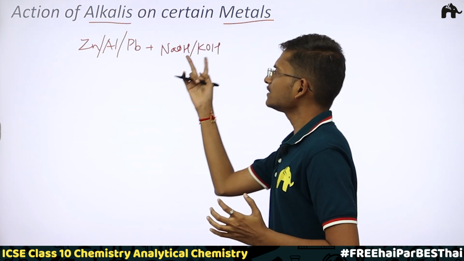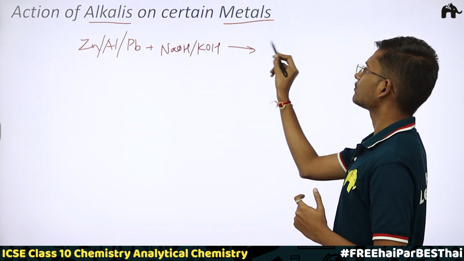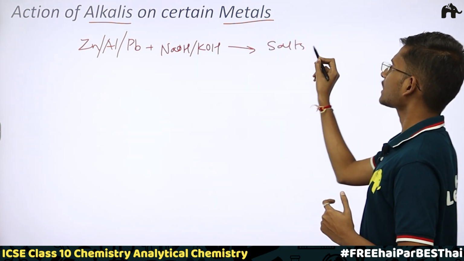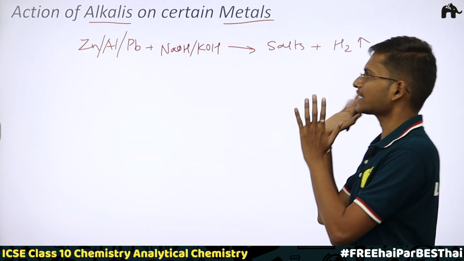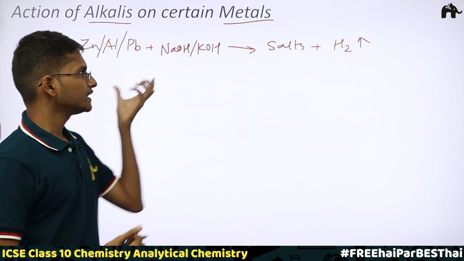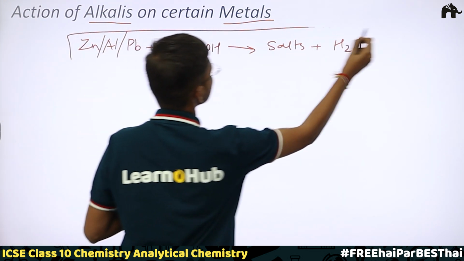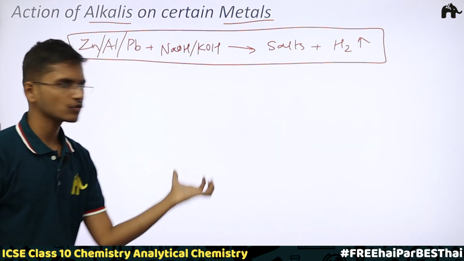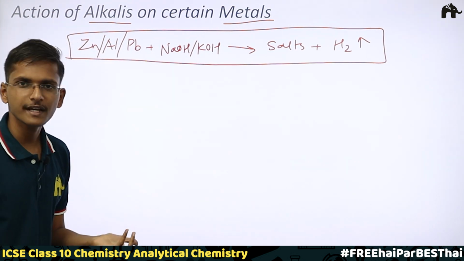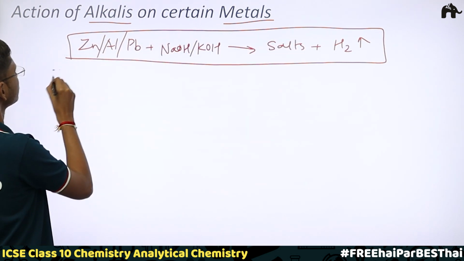These alkalis, when they react with these metals, form salts and release hydrogen gas. Now we just have to write the reactions. I always tell you, just remember the general reaction, what is happening, and then you can write the reaction on your own, and the last part is balancing the reaction. So let's start with zinc.